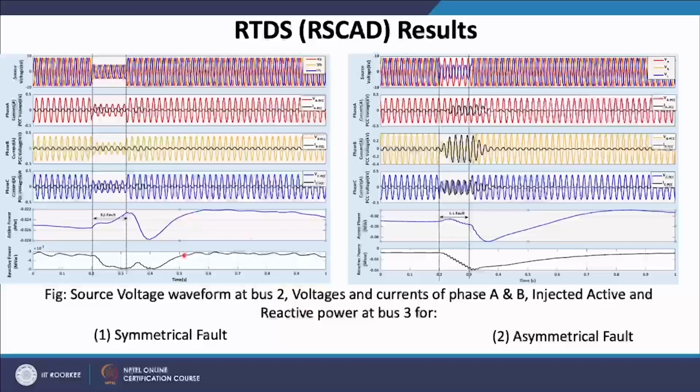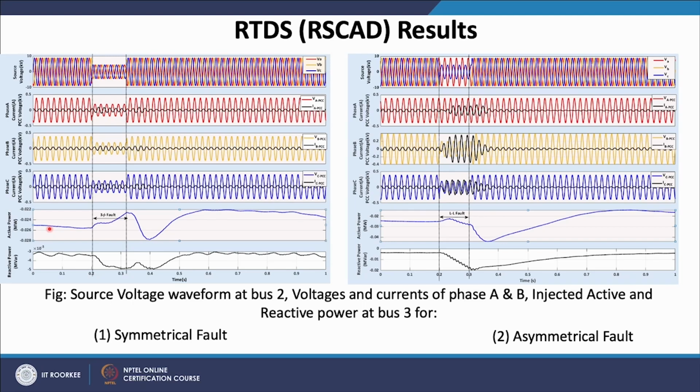Moreover, during normal condition, the 2.2 kilowatt DFIG is used to feed 25 kilowatt of active power to the distribution grid simulated in RTDS via the power amplifier.